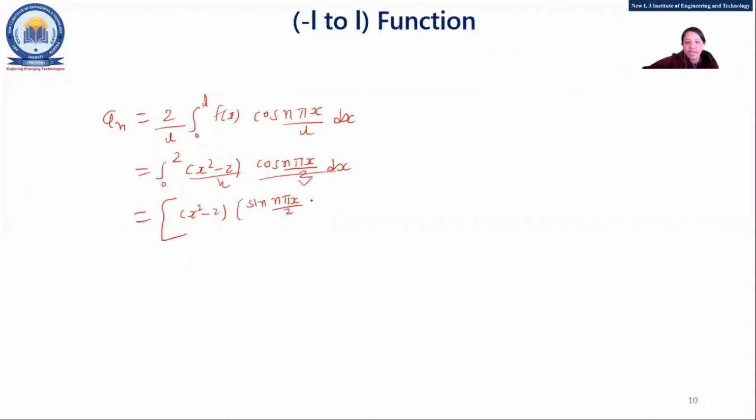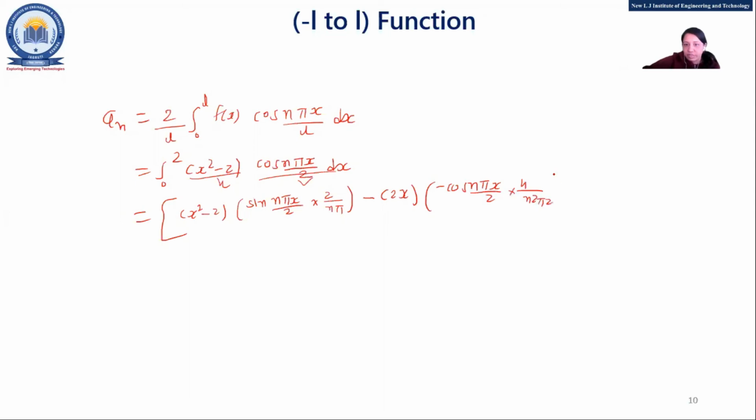But instead of that, I'll write 2 upon n pi in multiplication. Minus, second term: 2x. Now sine gives minus cos, so minus cos n pi x divided by 2 into 4 upon n square pi square.